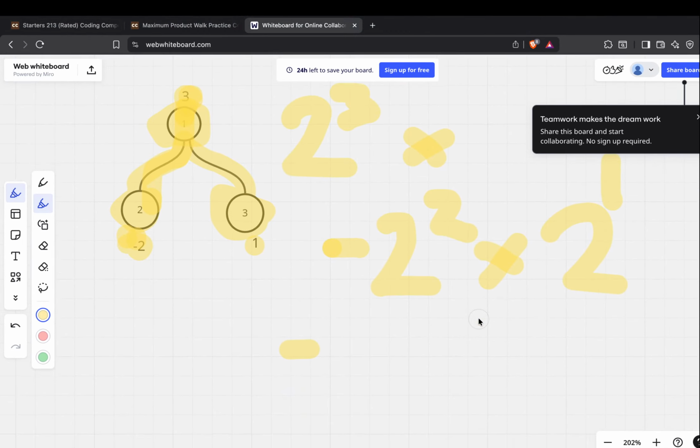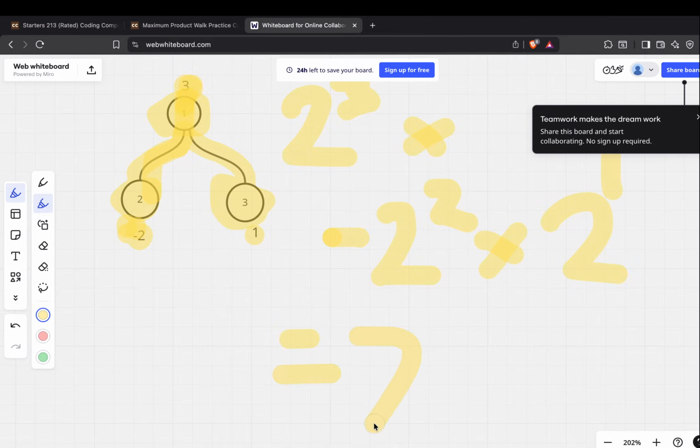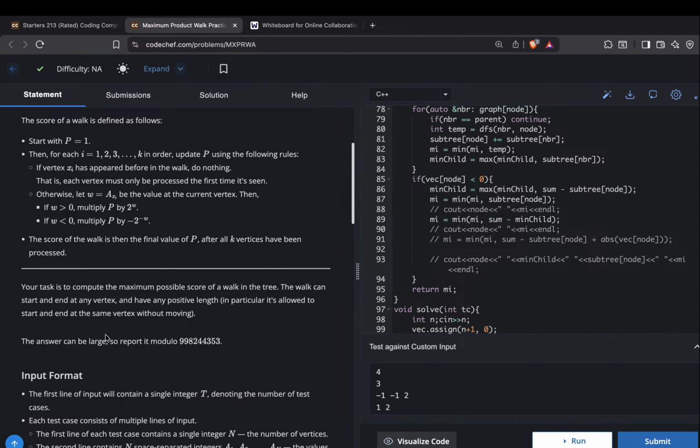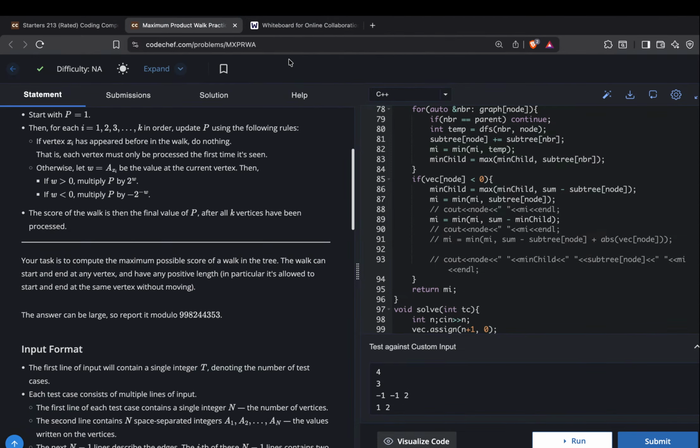So it is equal to 2 to the power 6, minus of 2 to the power 6. So this is the score for the given path we chose, and we need to maximize this score.